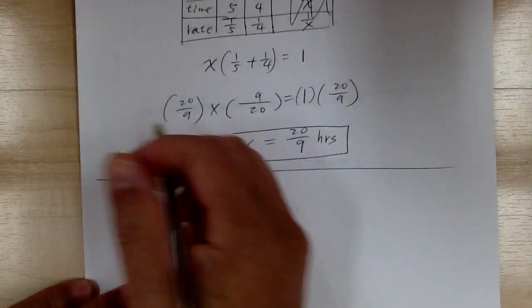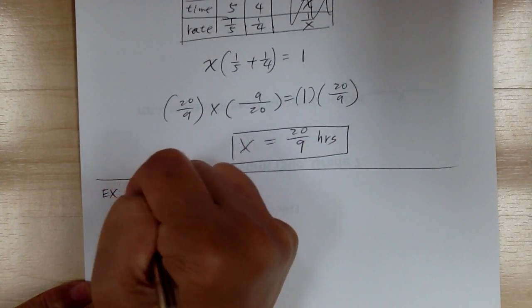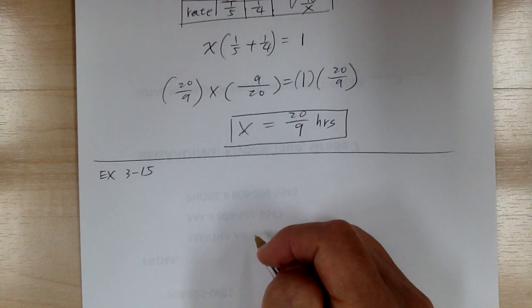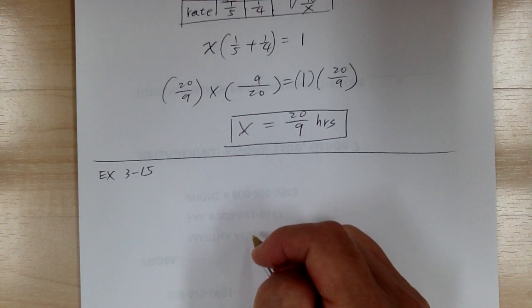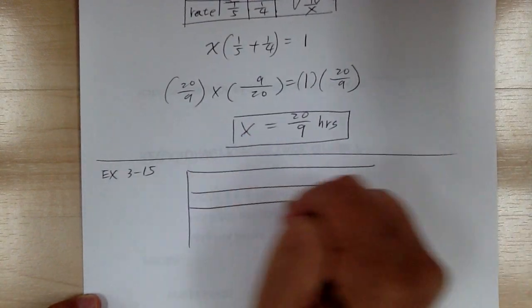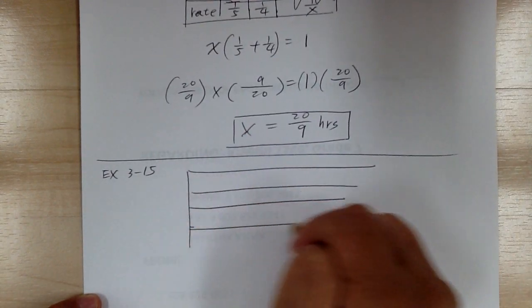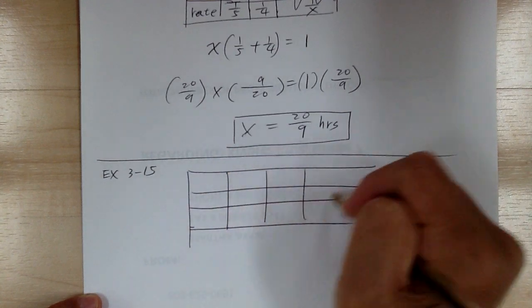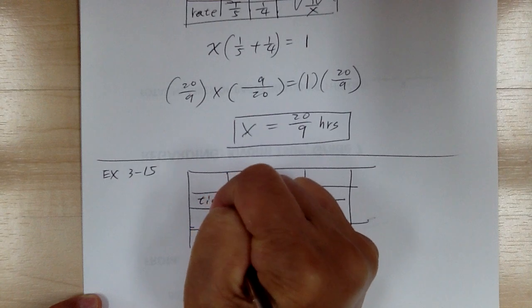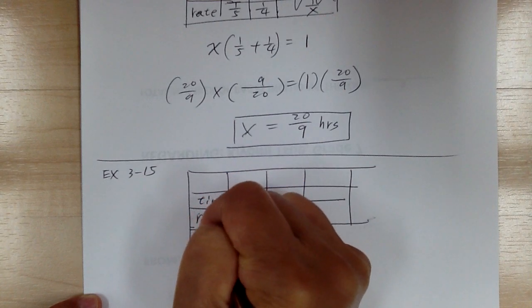Okay, so let's do example 315. So again, this is the work problem. This is the time, and this is the rate.